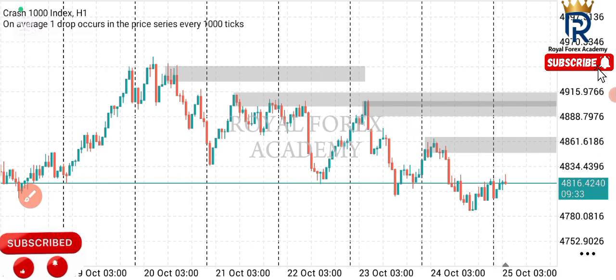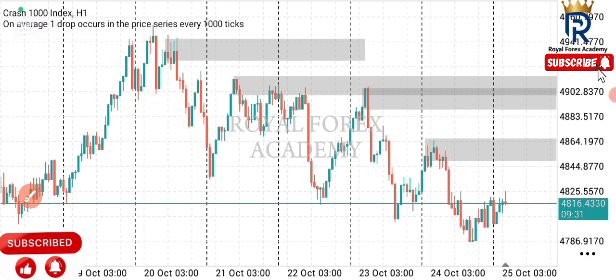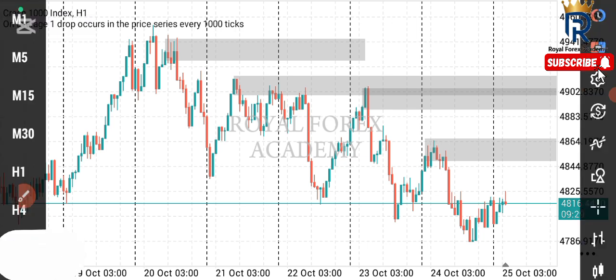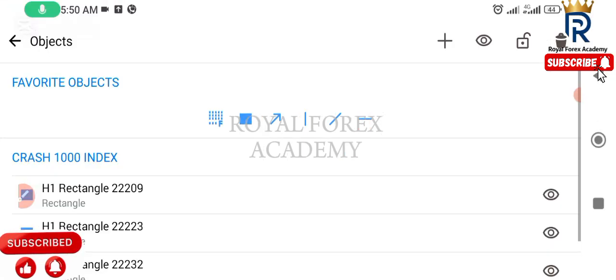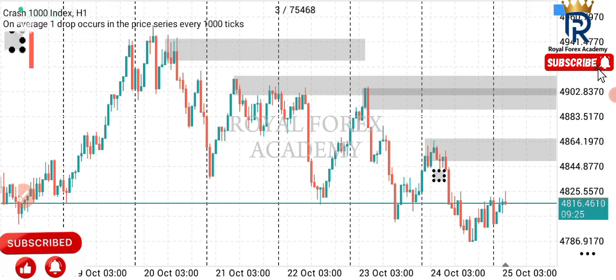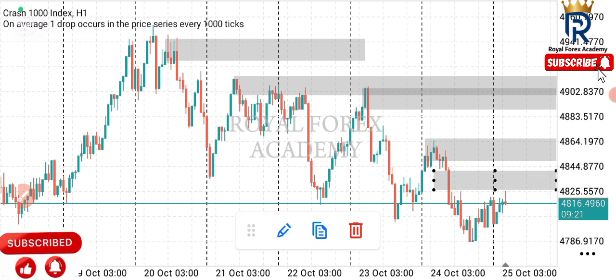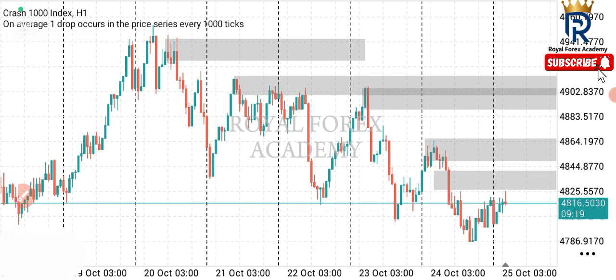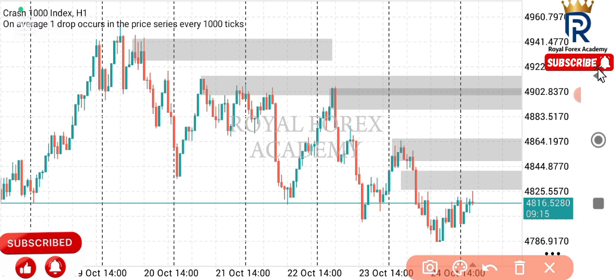So let us look for another point of interest, a fair value gap. After the order block, we have a fair value gap. Here is the fair value gap. To have this fair value gap, we have a smart money cube. This is our smart money cube.